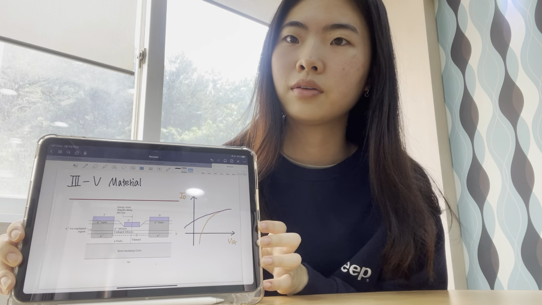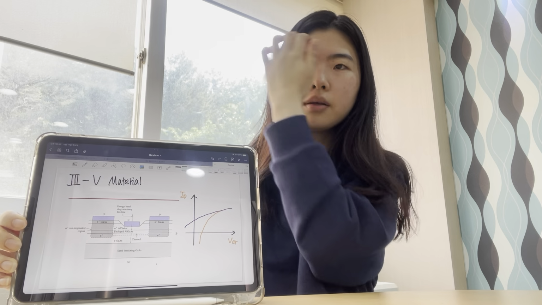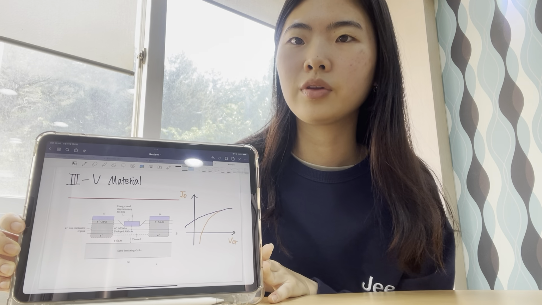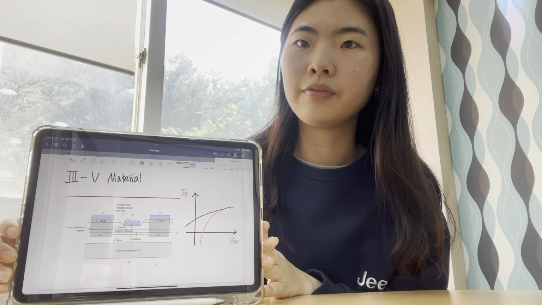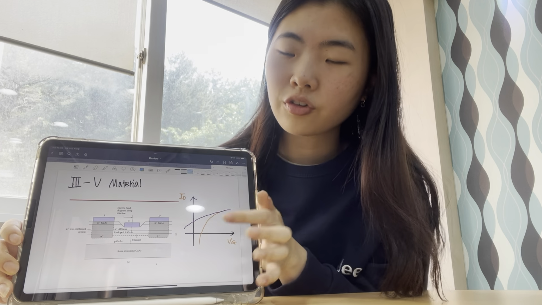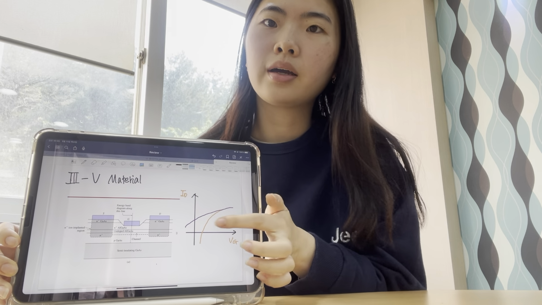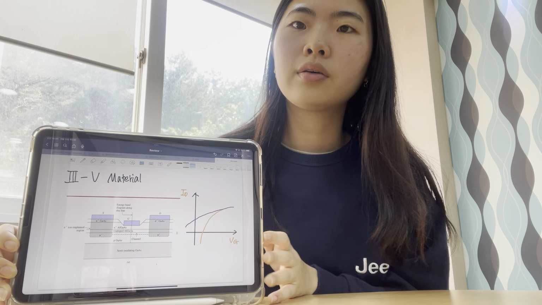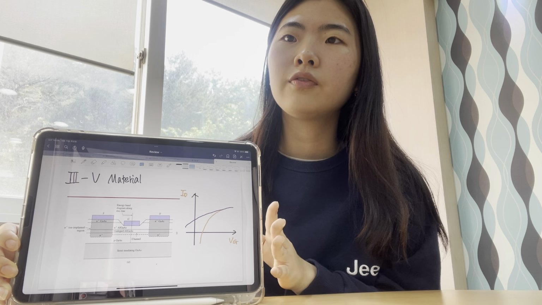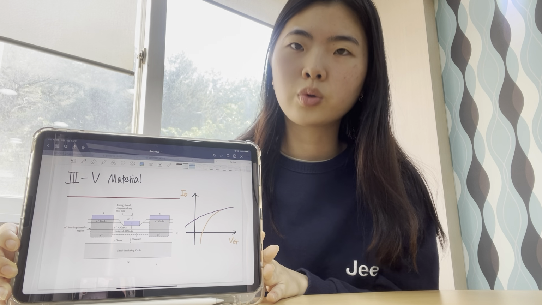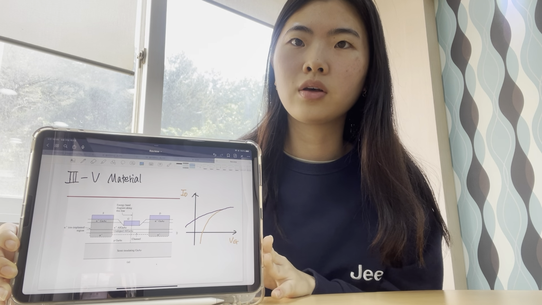3-5 material looks like this, and the biggest characteristic of 3-5 material is this ID current graph. Actually, we want the current to flow like this red line, because if the ID current flows poorly, we cannot control the switch on of the transistor.